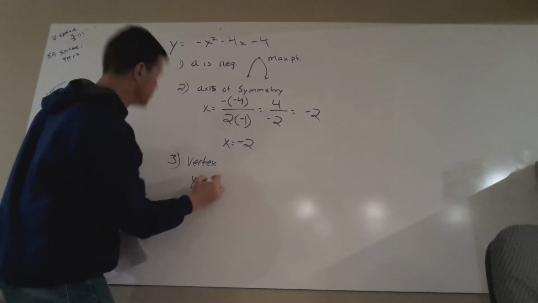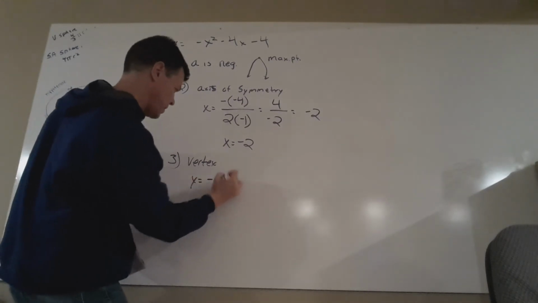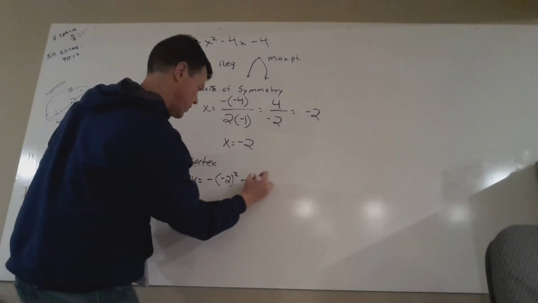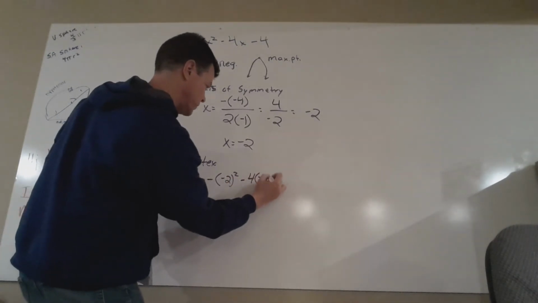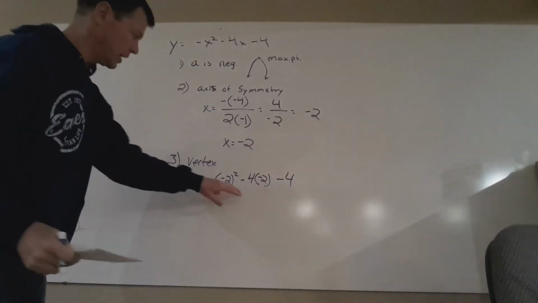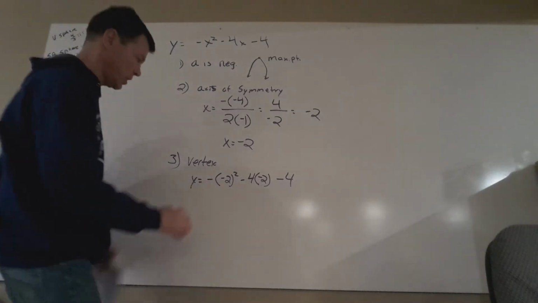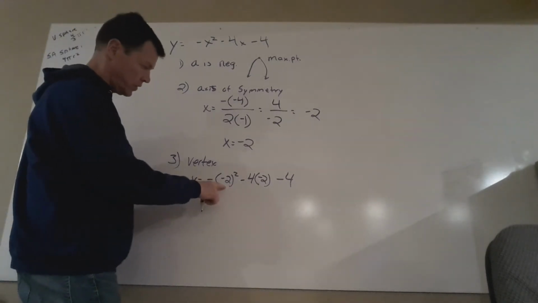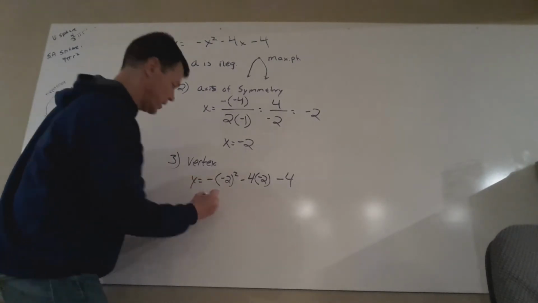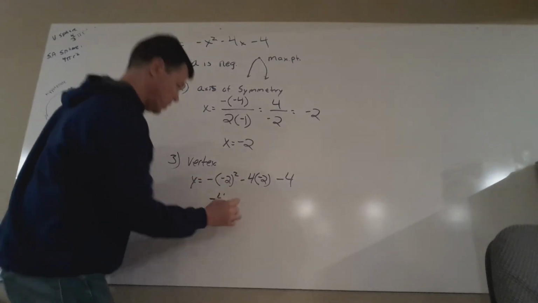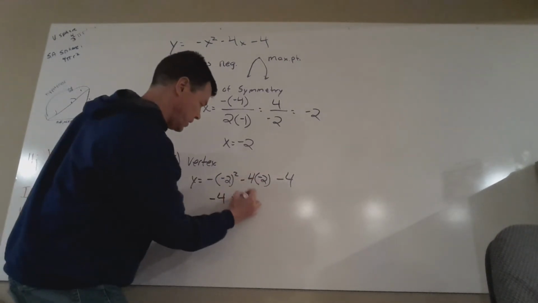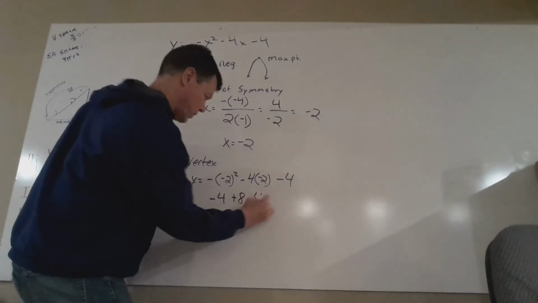So y equals negative 2 squared minus 4 times negative 2 minus 4. A lot of negatives on this. Take it one step at a time and calculations will be fine. So negative 2 times negative 2, and negative 2 squared is a positive 4. Don't forget this negative is out in front of it. All right, negative 4 times negative 2 is positive 8 minus 4.